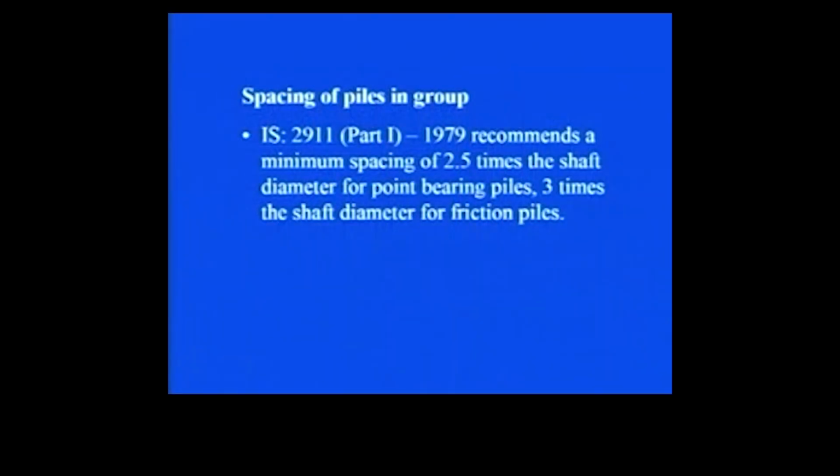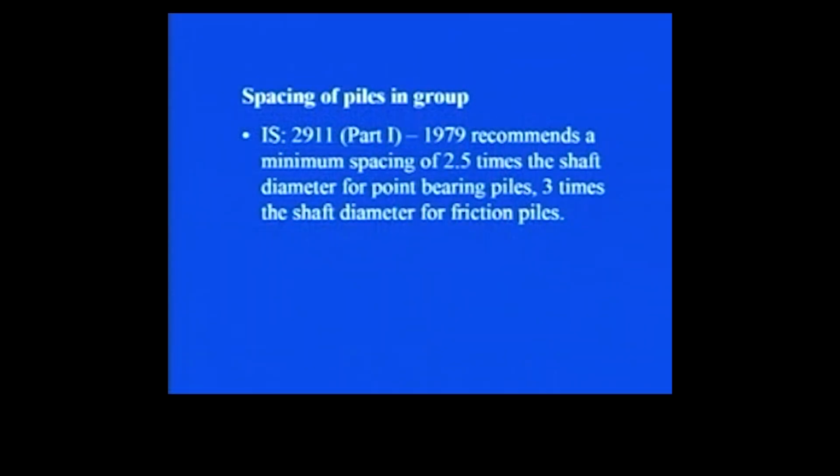So, IS 2911 Part 1, 1979 recommends a minimum spacing of 2.5 times the shaft diameter for point bearing piles and 3 times the shaft diameter for friction piles. By now you know that there are mainly two types of piles as far as the load transfer mechanism is concerned: one is the point bearing pile and another is the friction pile.